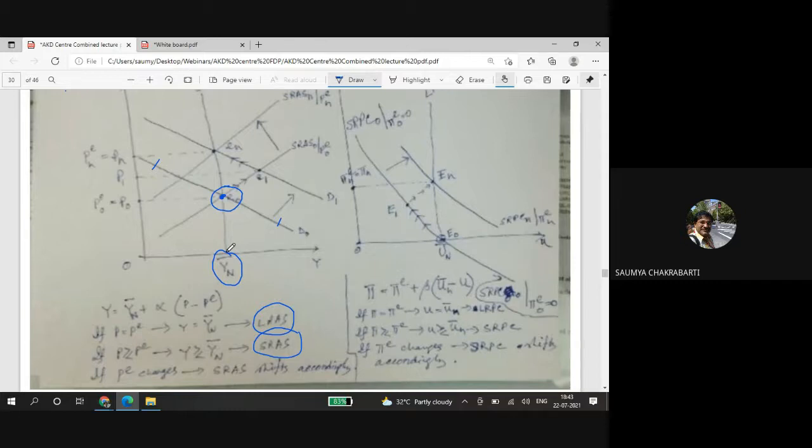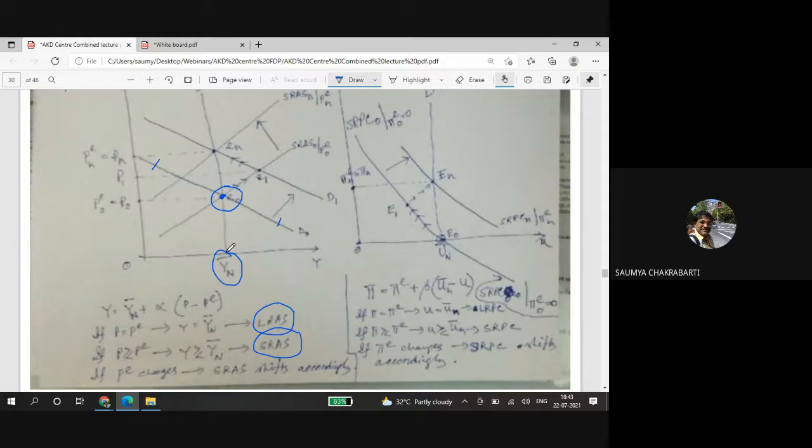Natural rate means, colloquially, there are basically two things. One, no involuntary unemployment, and two, there is no asymmetry between expectation and actual. There is no inequality, no asymmetry between what is expected and what is happening there on the ground in the economy. So two things.